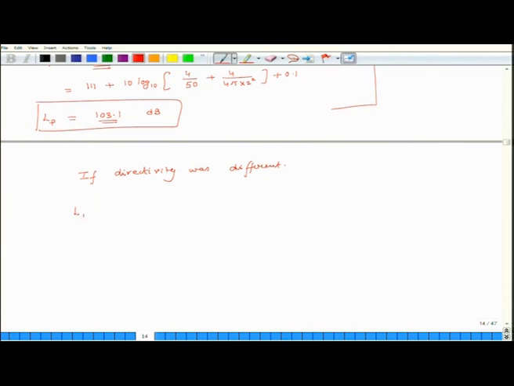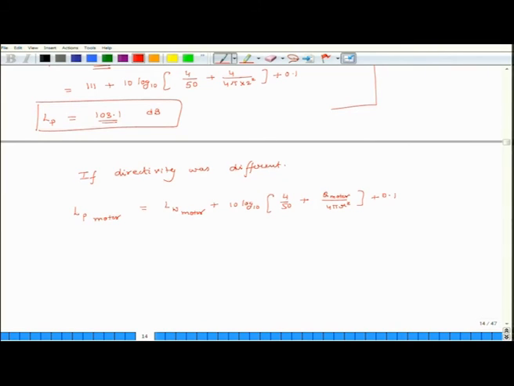First we will calculate LP due to the motor. When we are doing LP motor we will put LW for only the motor, plus 10 log 10 of 4 over 50 plus Q of motor by 4 pi r square, plus 0.1.